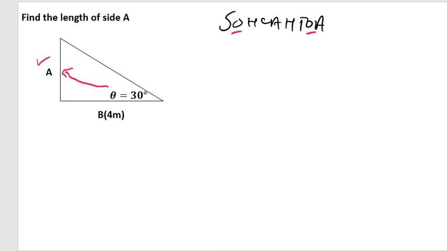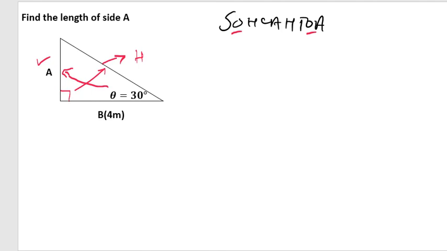Remember, this side right here is your hypotenuse always, and the hypotenuse is always the highest side. The value that you get here is always higher than all the other sides.